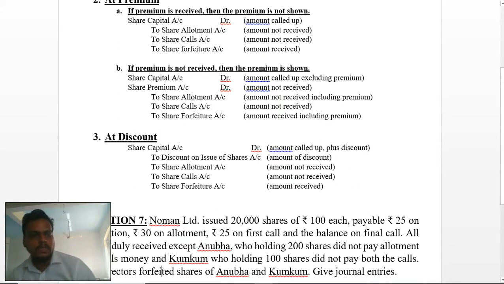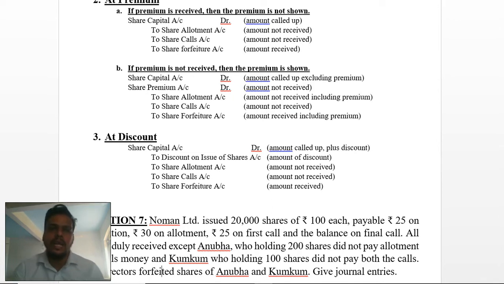Here share capital account debit, the amount which has been called up, then to share allotment, to share calls account, to share forfeiture account. Here you cannot enter the premium because the premium amount has been received. You have to forfeit your share with the actual face value of that particular share.